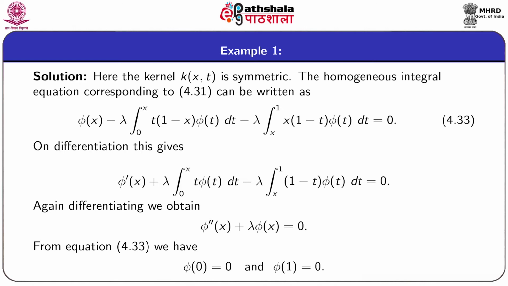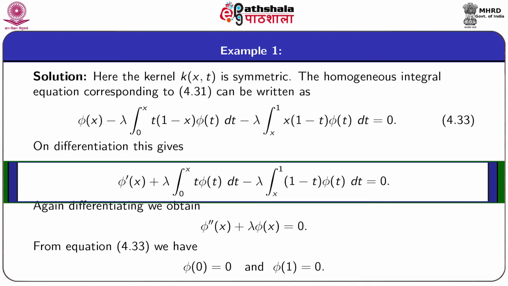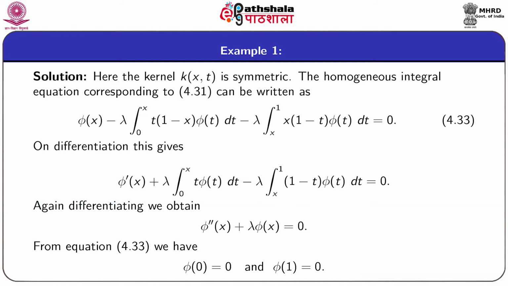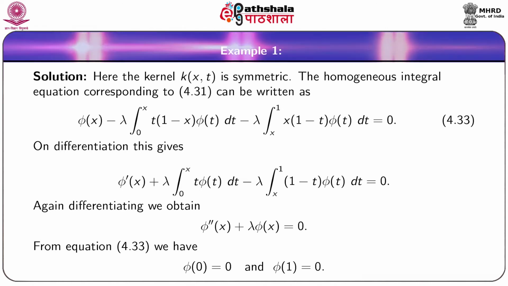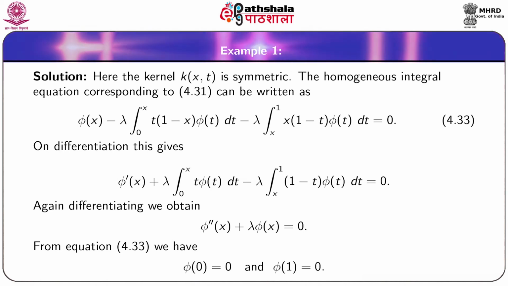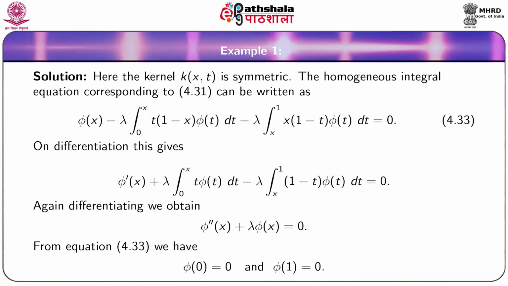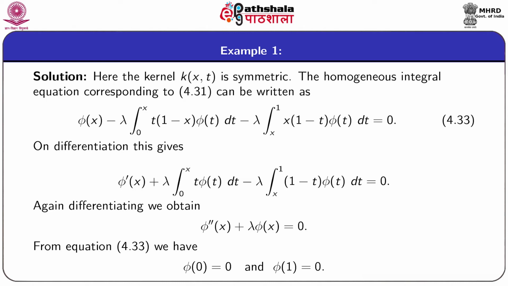Now differentiating with respect to x, we obtain φ'(x) plus λ integral 0 to x of t φ(t) dt minus λ integral x to 1 of t φ(t) dt equal to 0. Again differentiating, we obtain φ''(x) plus λ φ(x) equal to 0, where the dash or double dash denotes differentiation with respect to x.